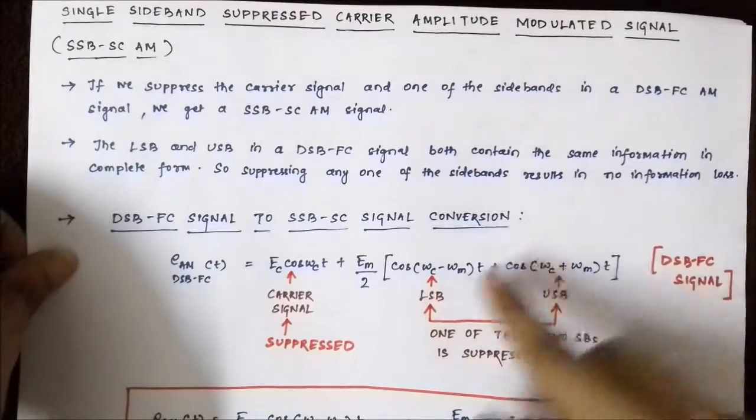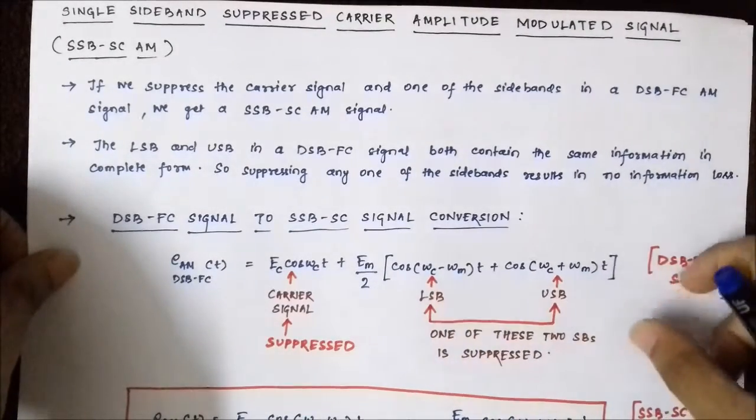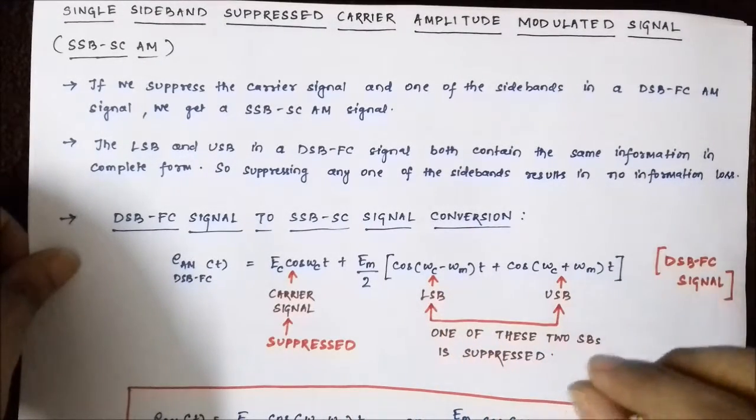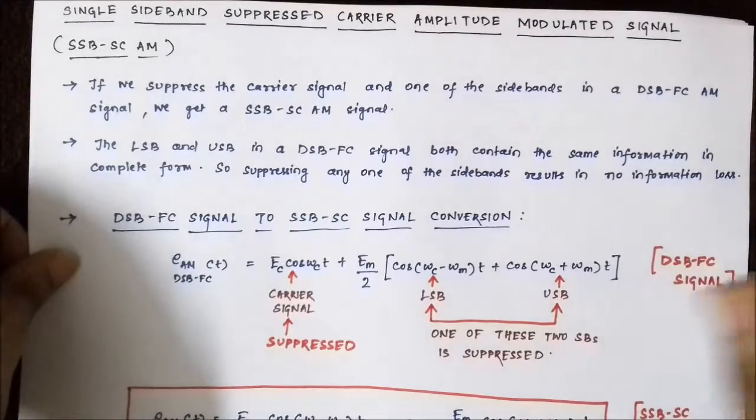If we go for double sideband amplitude modulated signal, it leads to unnecessary wastage of useful bandwidth, isn't it? We are unnecessarily wasting the frequency range, the channel bandwidth.